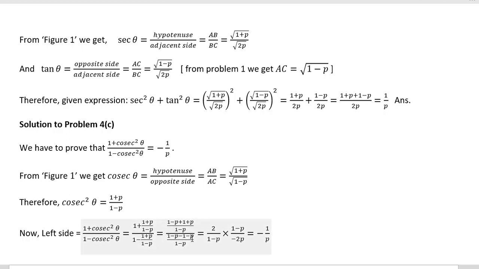After calculation you will get 2 by 1 minus p into 1 by p divided by minus 2p, and after cancellation of 1 minus p and 2, you will get minus 1 by p, which is the right side. So hence the problem is proved.